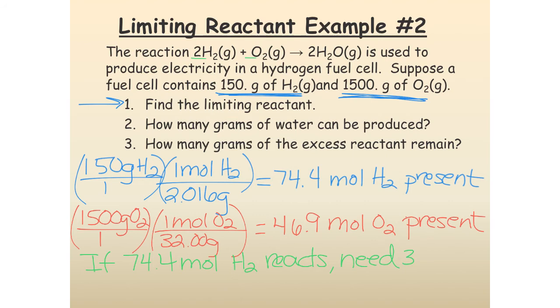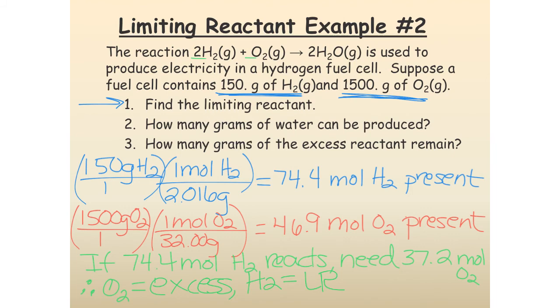It would need 37.2 moles of O2. And I have that. So because I have that, that tells me that O2 is present in excess. And H2, since that can get completely consumed, is my limiting reactant.